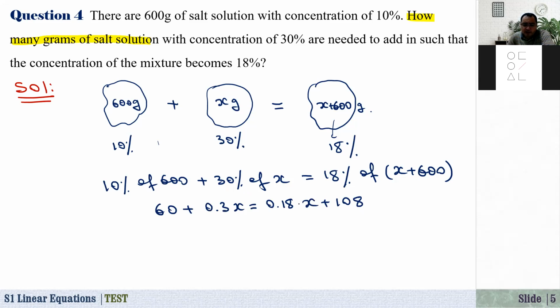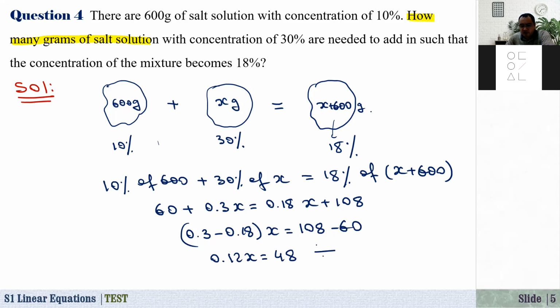Now take 0.18X to the left-hand side and 60 to the right-hand side. Here we have 0.3 minus 0.18 times X, because X is a common factor. On the right-hand side, we have 108 minus 60. 0.30 minus 0.18 is 0.12X, and 108 minus 60 is equal to 48.